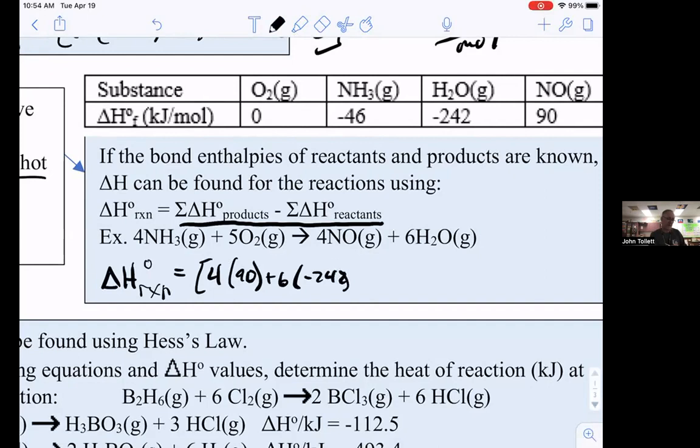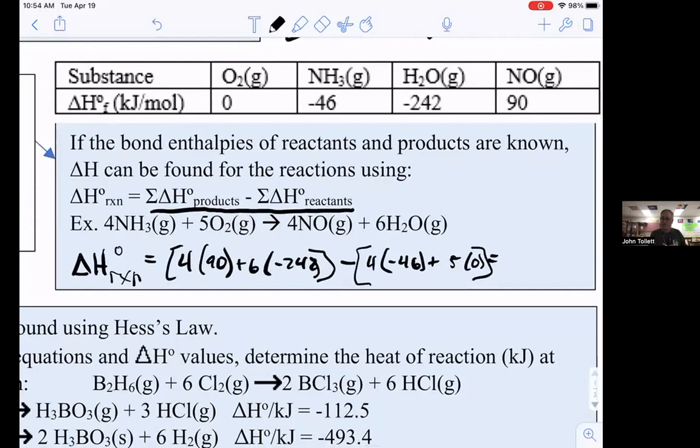That's correct. Minus the 4 times my ammonia value, which is negative 46, plus 5 times my oxygen value, which is 0. Didn't necessarily have to do that. And what I end up getting over here is negative 908 kilojoules per mole, demonstrating that this reaction entirely gives off 908 kilojoules per mole of the reaction as it's written.